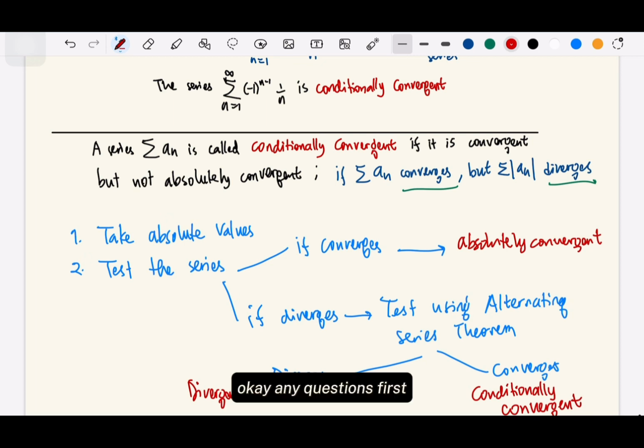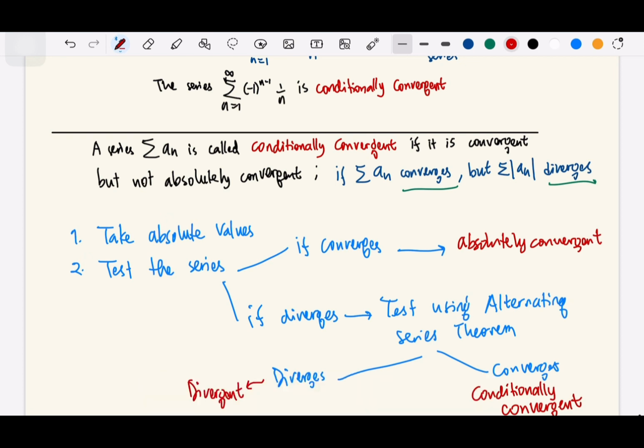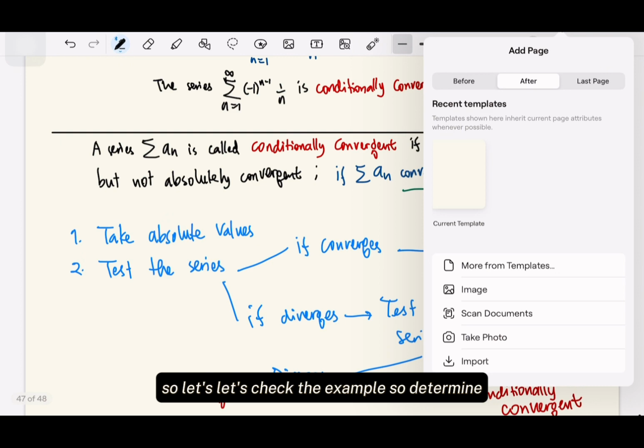Okay, any questions first? I think we can try some examples and then you can figure out how to use this diagram. So let's check the example.